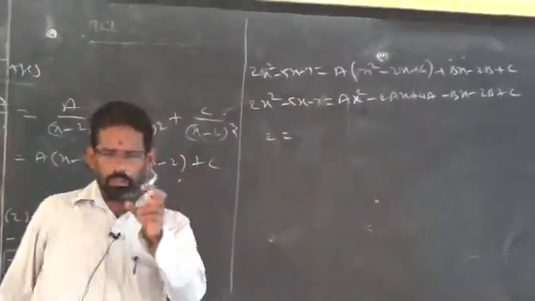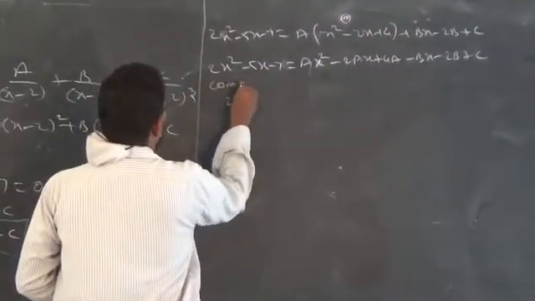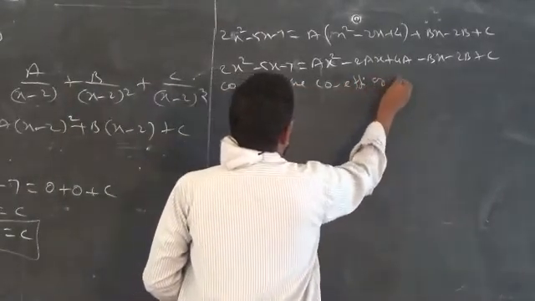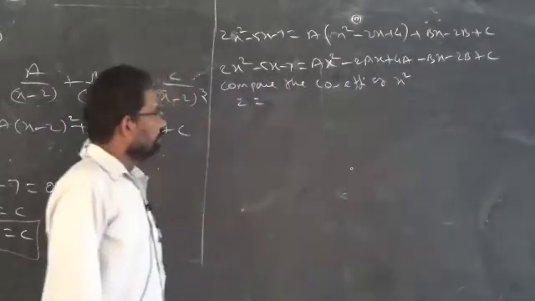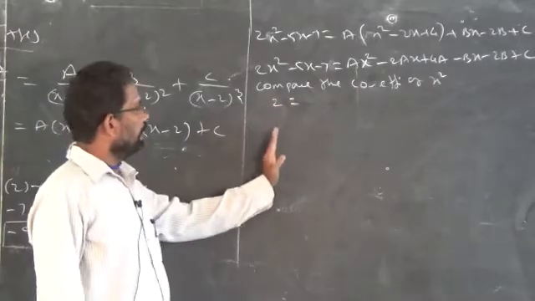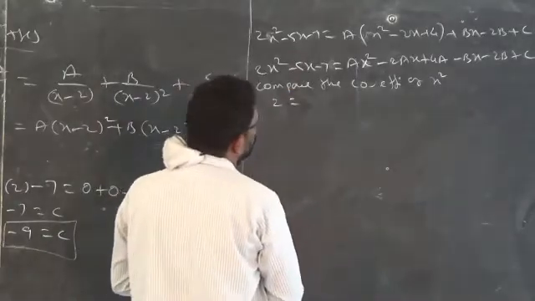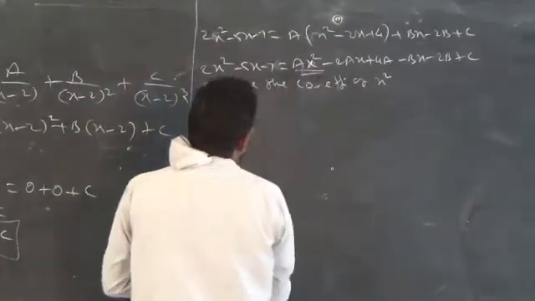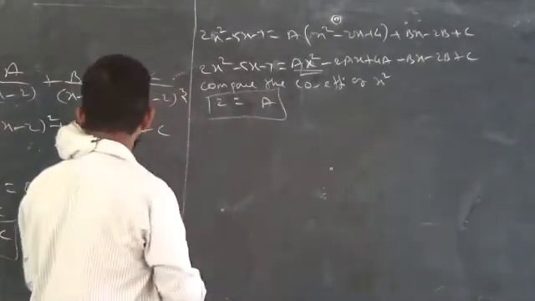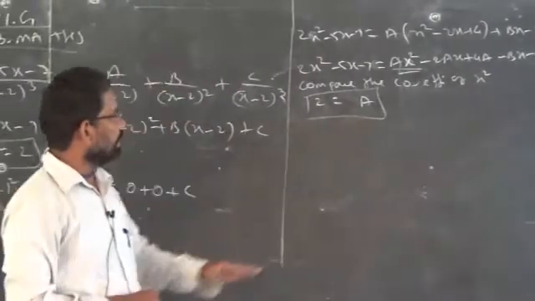So you have to take only the coefficient of x square, the values along with the x square on the left side as well as the right side. So 2 is equal to, where is the x square term? Here only, so what is there? a. I got the answer directly. Is there any other possibility? No. So straight away, a is equal to 2.